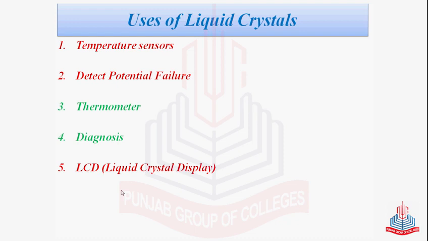We know that LCDs are used in many electrical devices such as digital watches, laptop, calculator, pH meter, and various other electronic devices. So how are liquid crystals used in the LCDs?